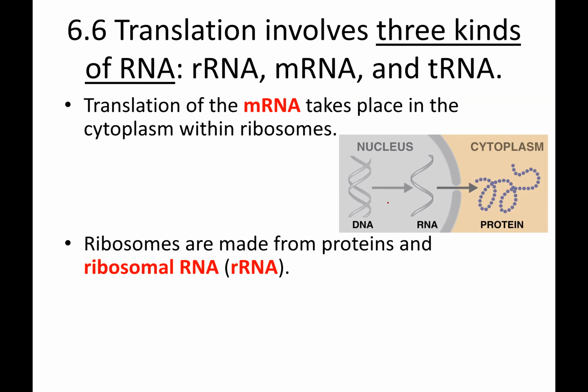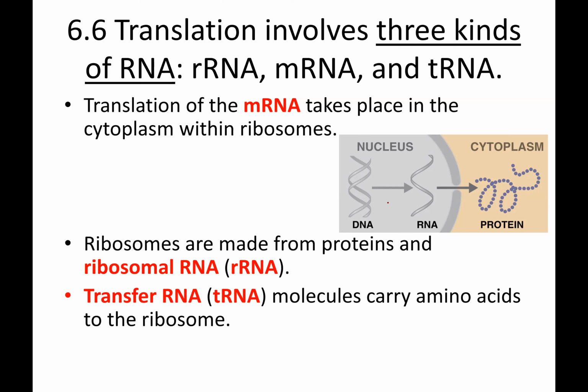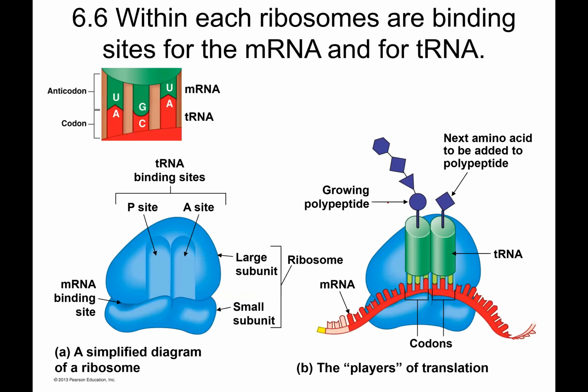It always happens with ribosomes. So ribosomes are directly involved with protein synthesis. Ribosomes are made from proteins and ribosomal RNA, or rRNA. Then there's another type of RNA, transfer RNA, and these molecules carry amino acids to the ribosome during protein synthesis.